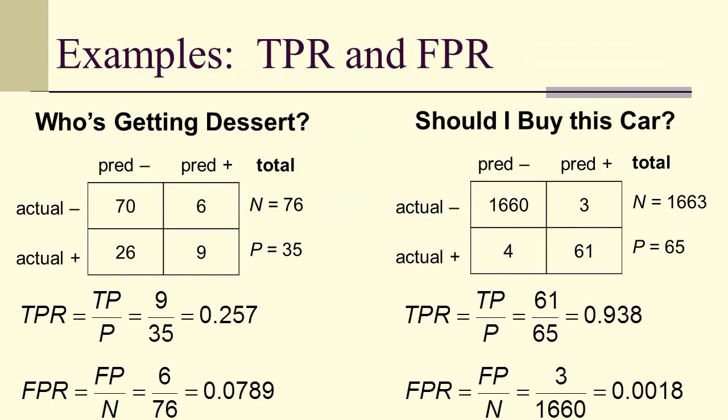So notice again the true positive rate ideally should be close to 1, and the false positive rate ideally close to 0. You can see we have pretty good false positive rates in both of these, but the true positive rates are another story. Who's getting dessert has a very low true positive rate.